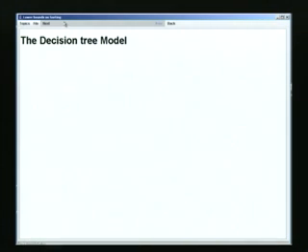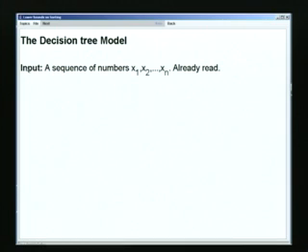So here is what the model looks like. The input to every algorithm is always going to be a sequence of numbers. We are not going to worry about inputting those numbers. We'll assume that those numbers have already been read and are already stored somewhere in the model.